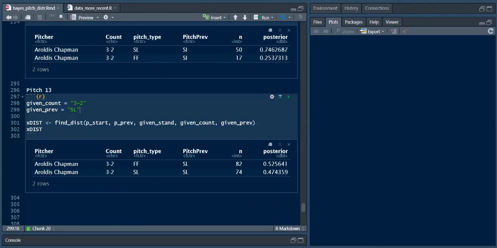If it's fastball most likely, slider second most likely, and sinker third most likely, for example.